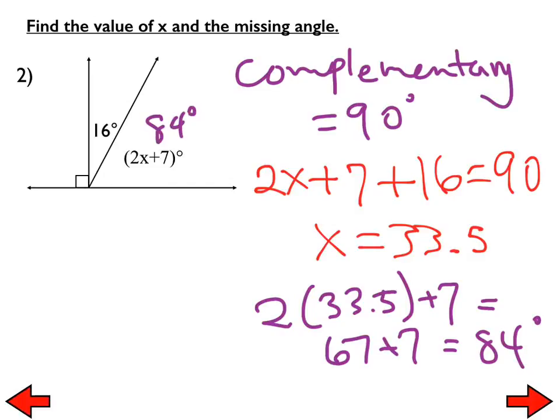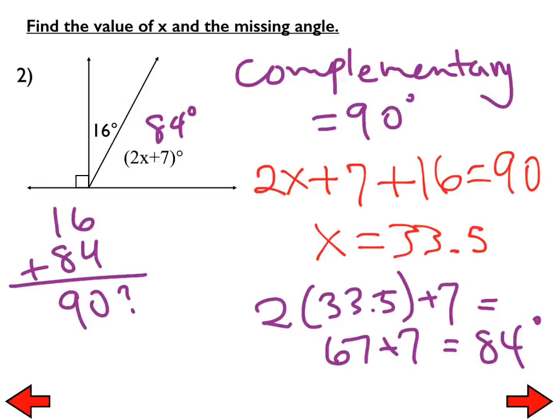Now let's check our answer. Does 16 and 84 together equal 90? Does it? Does everyone understand what happened? Does it make sense? No, because this is not 90, right? This was 100, which means this number was wrong. So what was 33.5 times 2?